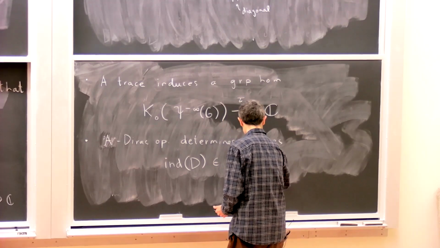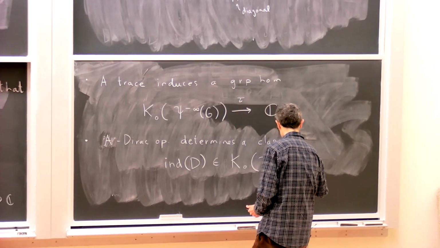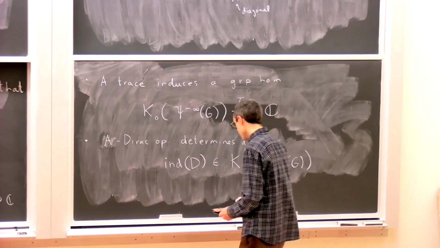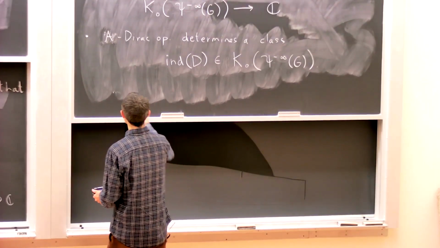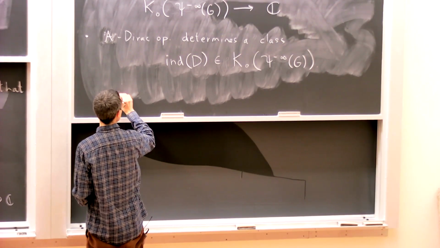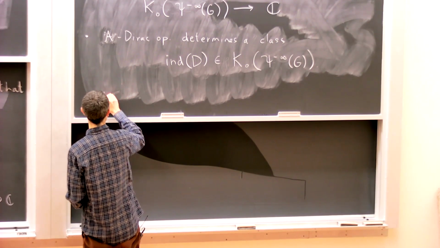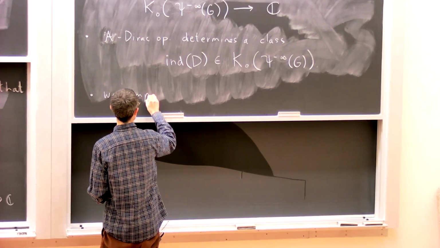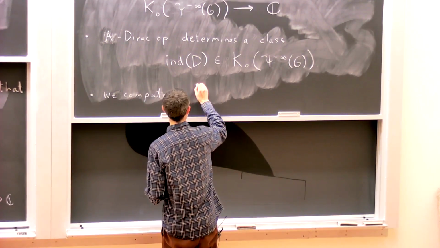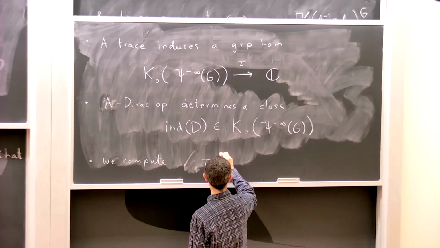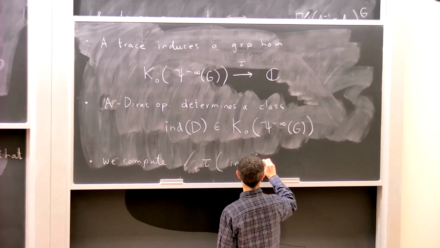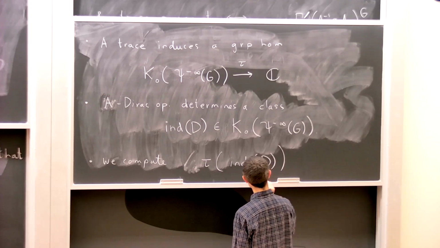It determines a class in the K theory of this algebra. And so what we compute in our theorem is the action of this trace on this index class. That's what we compute in the end.